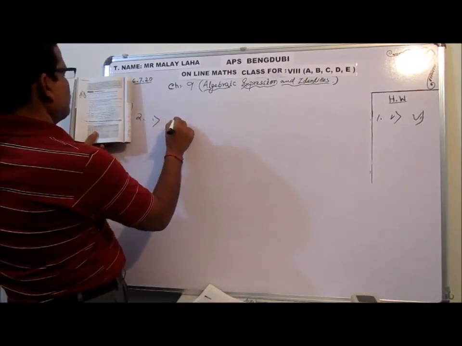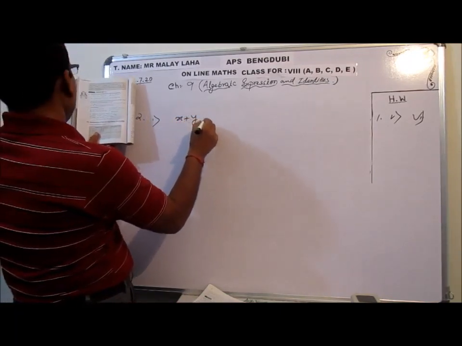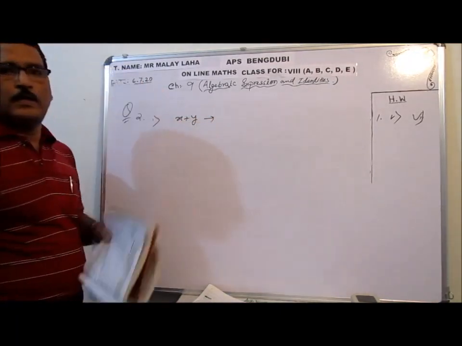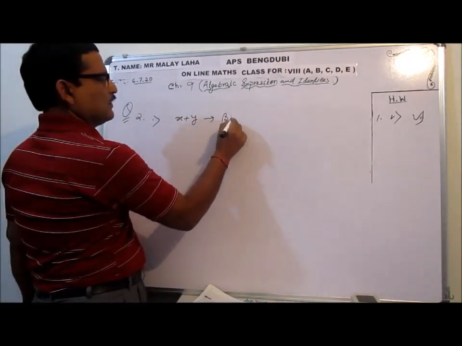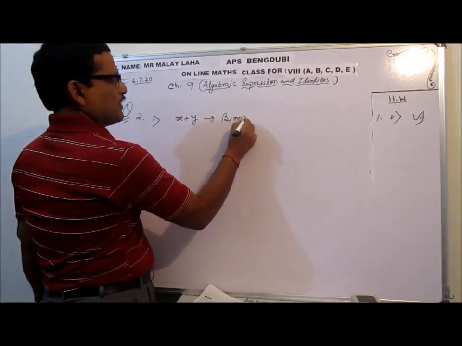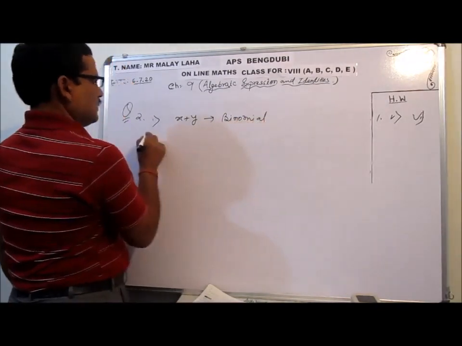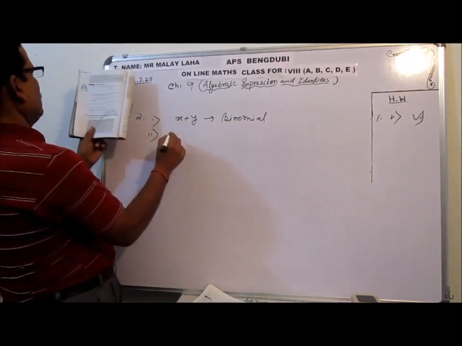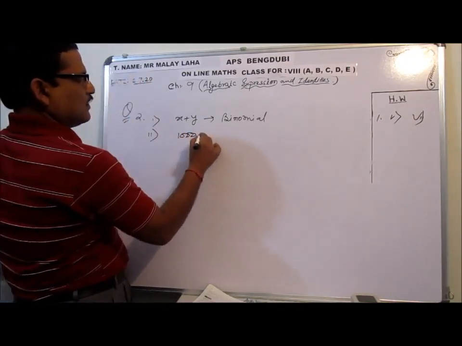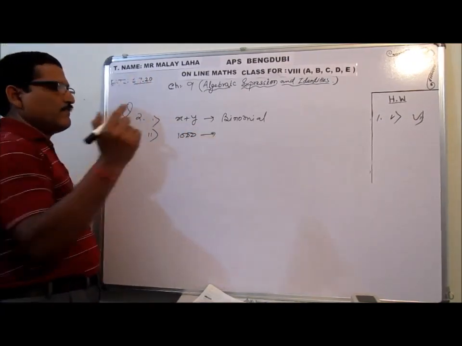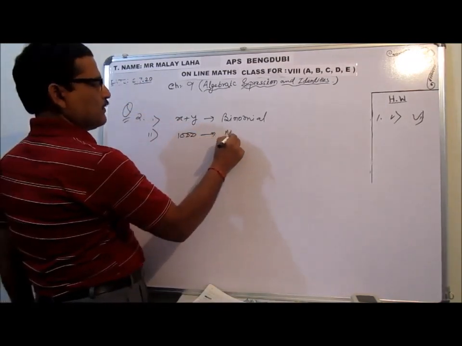First one is x plus y. Tell me what it will be. x plus y. Definitely it is a binomial. Number 2 is only 1000, a constant. Constant is itself a term. It is monomial.